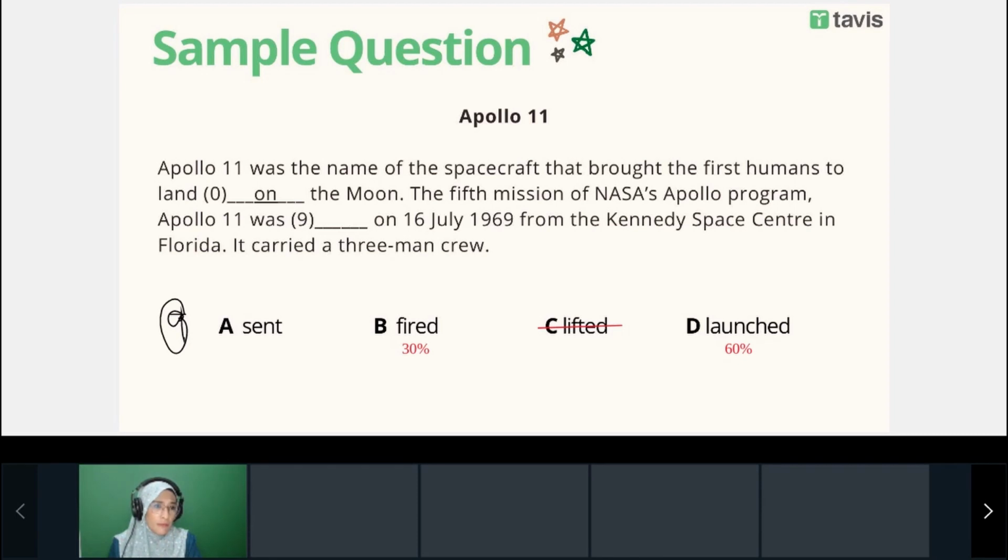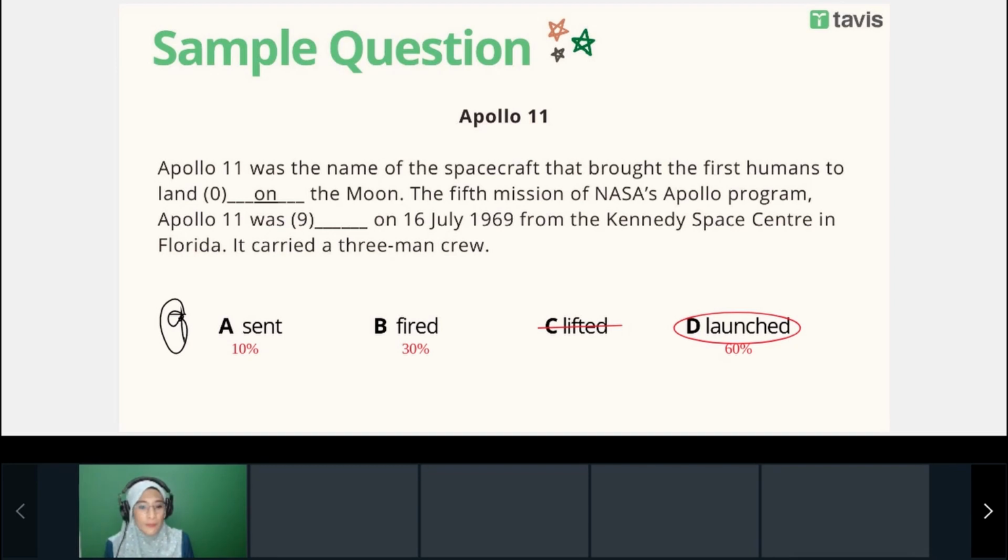Or how about sent? Maybe 10%. So obviously, which one is the best? You have to know which one is the best. So definitely the best one would be D.